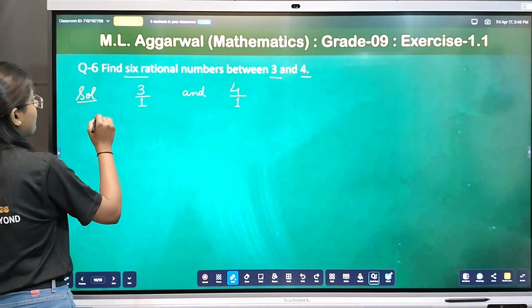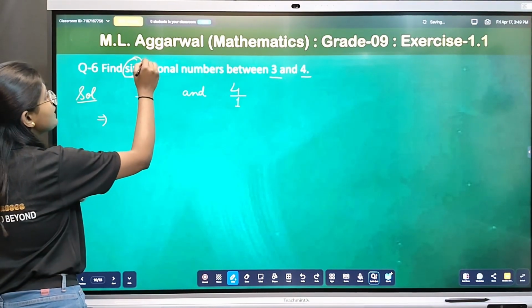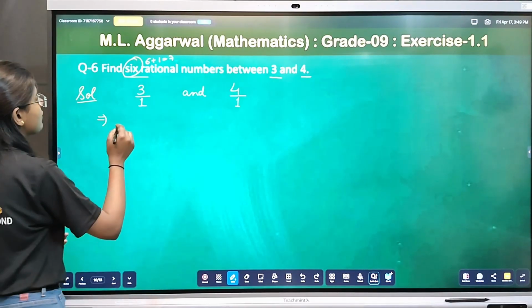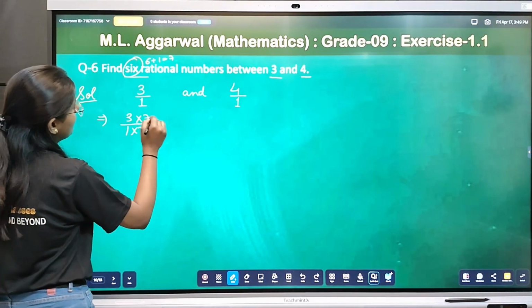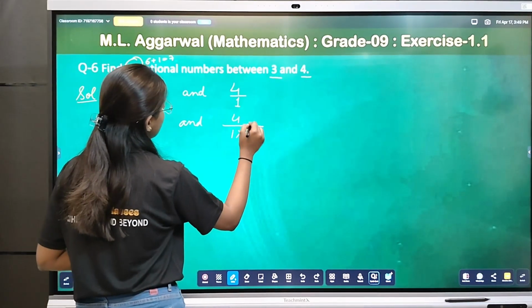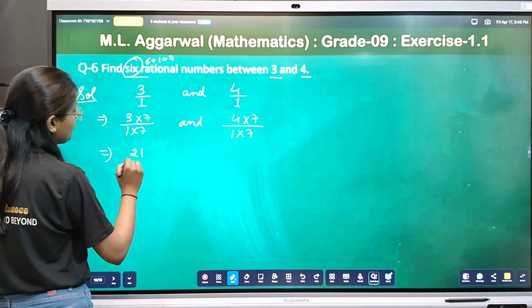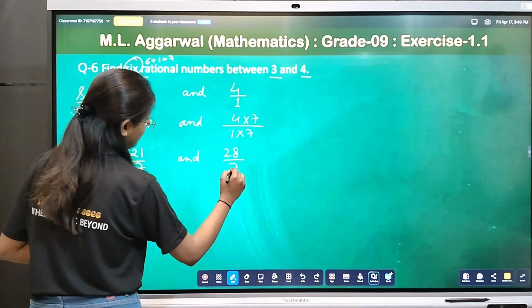Just multiply both the rational numbers by 6 plus 1, that is 7, because they are demanding 6 numbers. 3 upon 1 multiplied by 7, and then 4 upon 1 multiplied by 7. That's how you'll be landing up on 21 upon 7 and 28 upon 7.